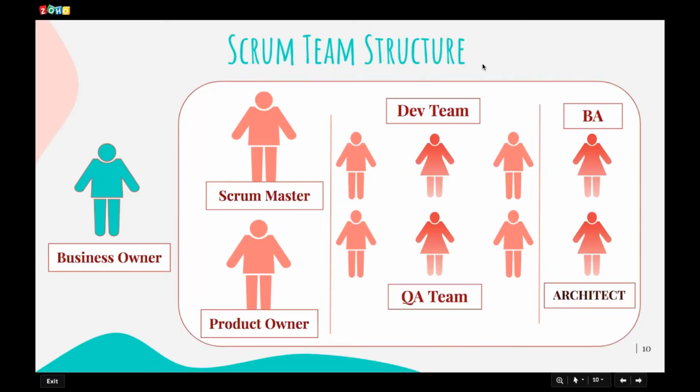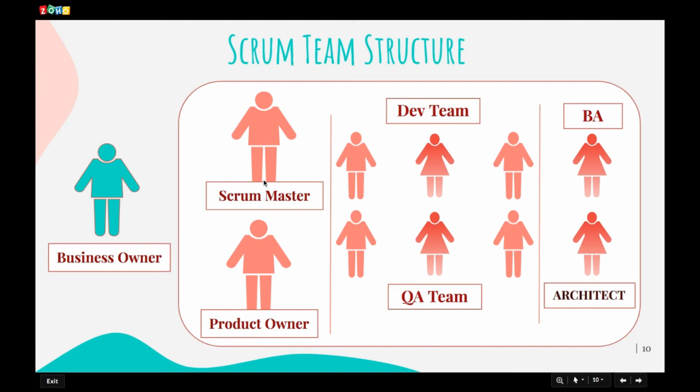Let's talk about the Scrum Team. Here, you see a business owner who provides business use cases to the Scrum Team for development. A product owner takes care of those use cases and converts them into stories for development and testing.